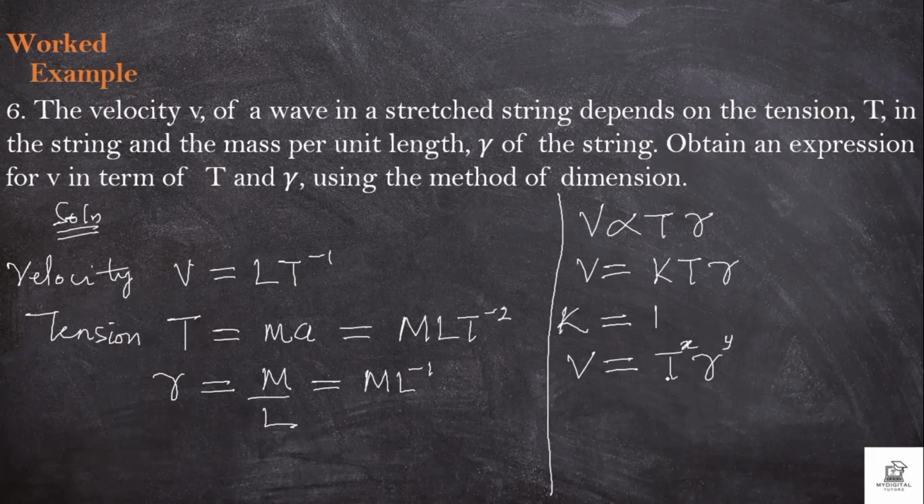So when you have done this, you now come and substitute the dimension of each of these parameters. What is the dimension for velocity?